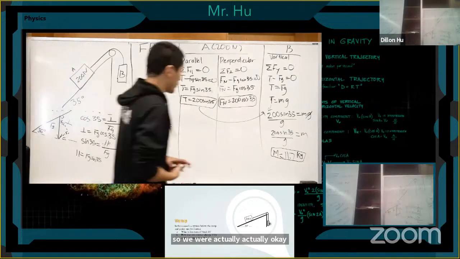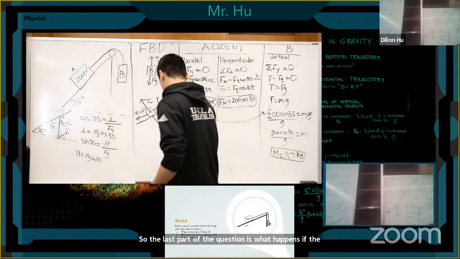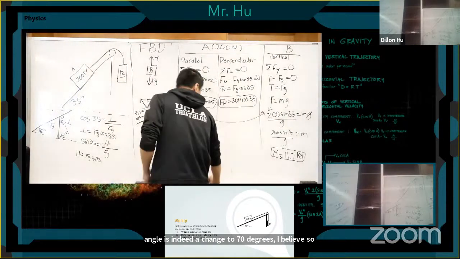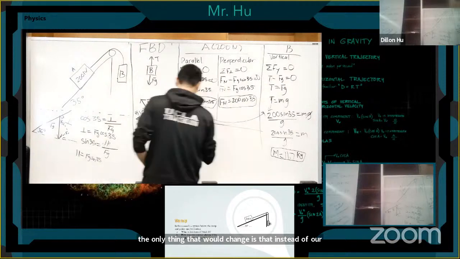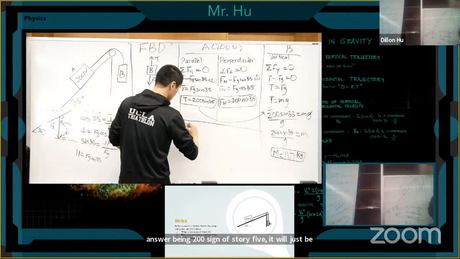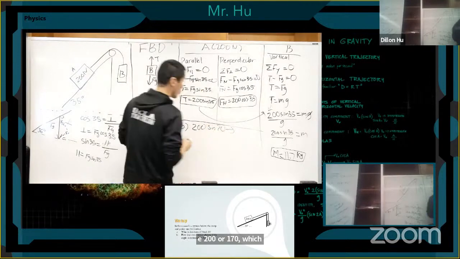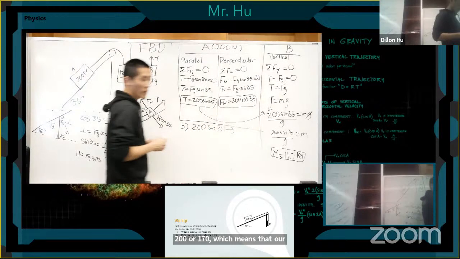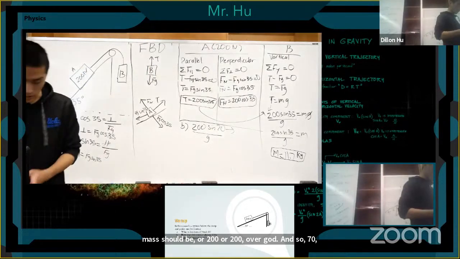So the last part, part B of the question, is what happens if the angle is changed to 70 degrees, I believe. The only thing that would change is that instead of our answer being 200 sine of 35, it would just be 200 sine of 70, which means that our mass should be 200 over g times sine 70.